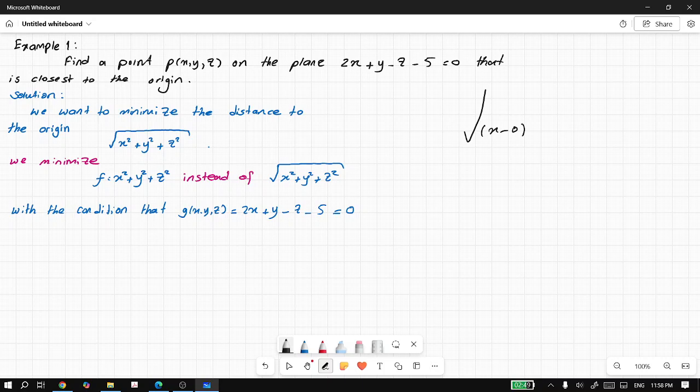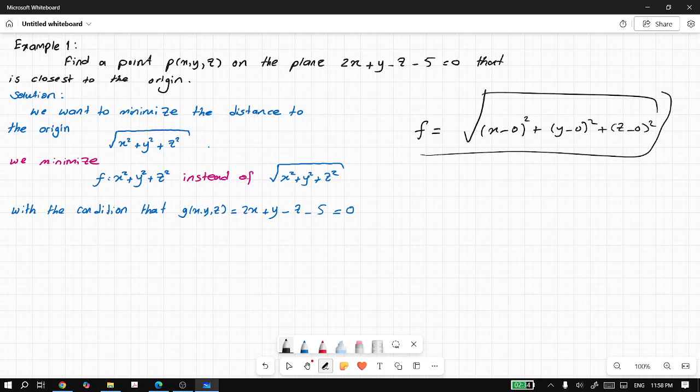So it becomes x minus 0 squared plus y minus 0 squared plus z minus 0 squared. This is the distance formula, and this is the function that we want to minimize.